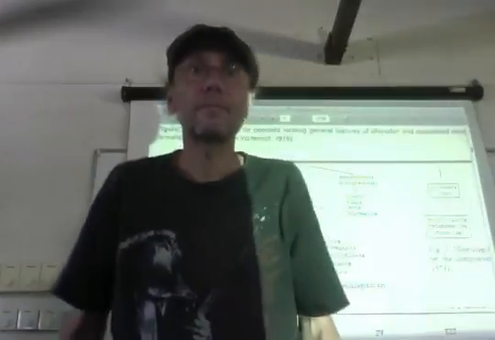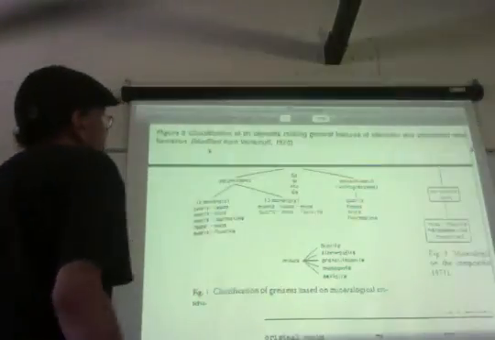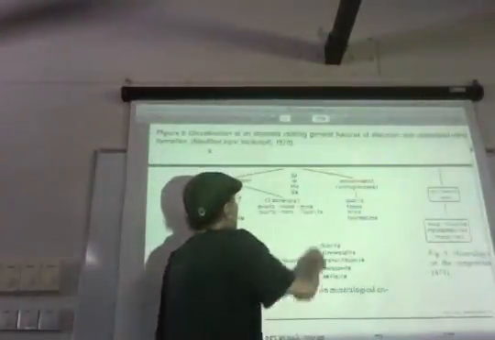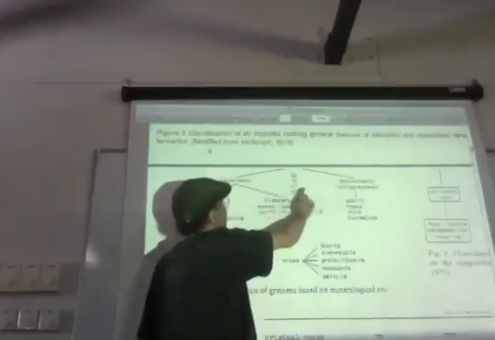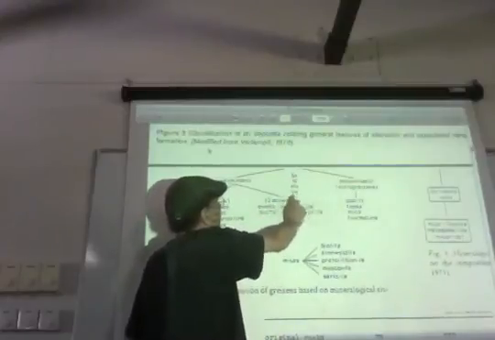Now we have written something about tin ore deposits. This is only a diagram. These are ore deposits where you can find tin, tungsten, molybdenum, and beryllium.